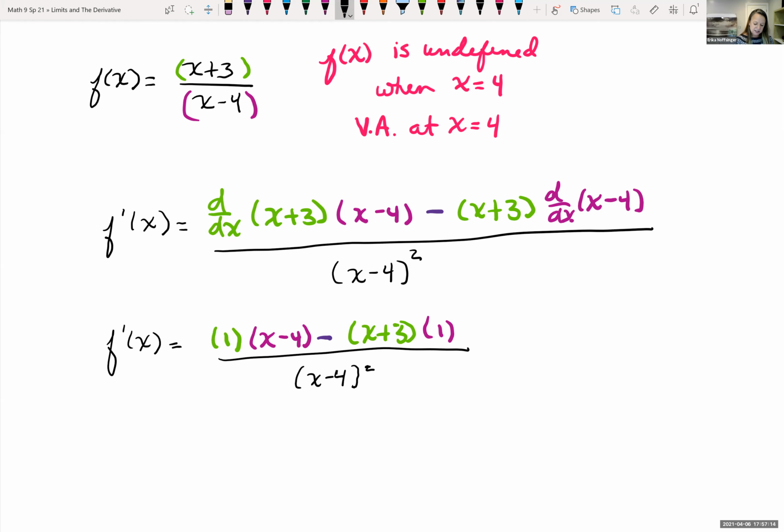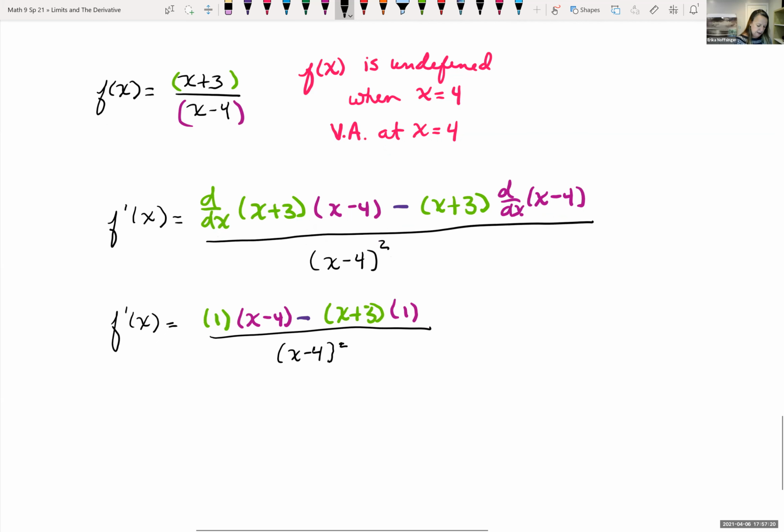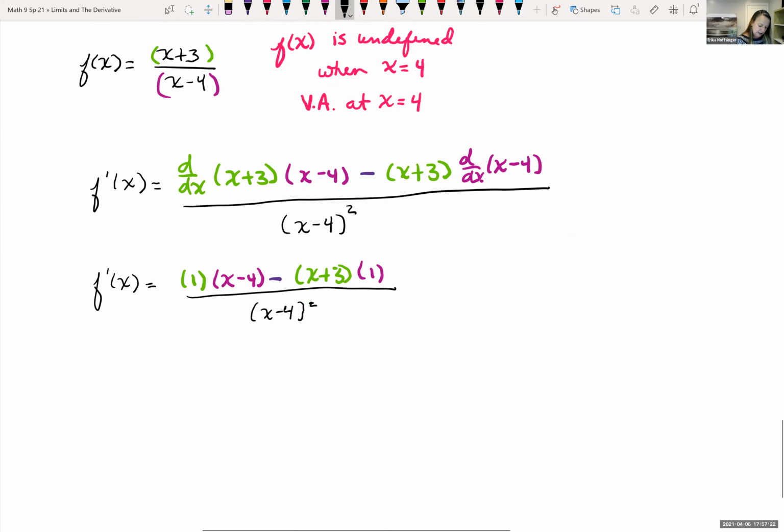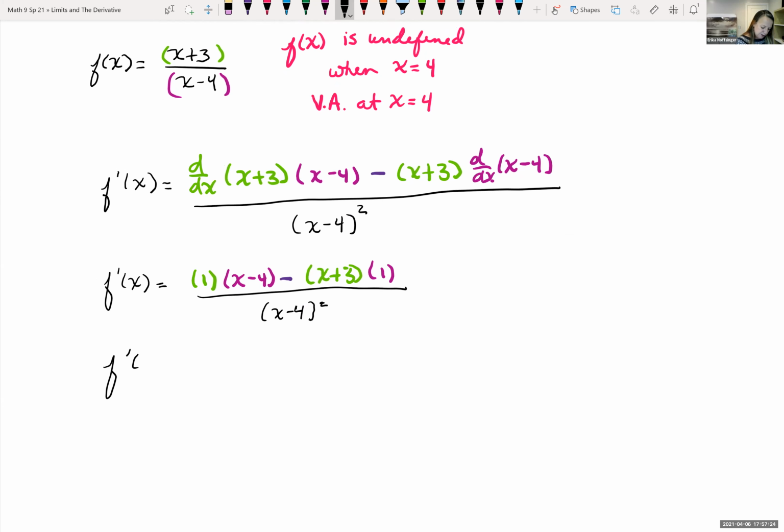So order of operations, let's distribute in the numerator and combine like terms. Let's keep the denominator factored, so let's not expand that. So we have the derivative is equal to, well, 1 times x minus 4 is just x minus 4. We have this negative here, so we have to distribute the negative inside that parentheses.